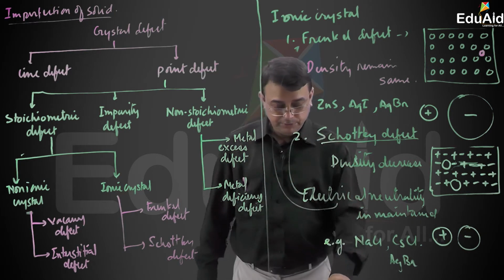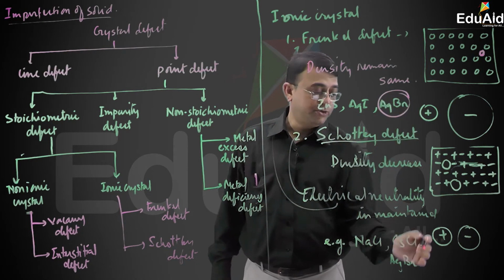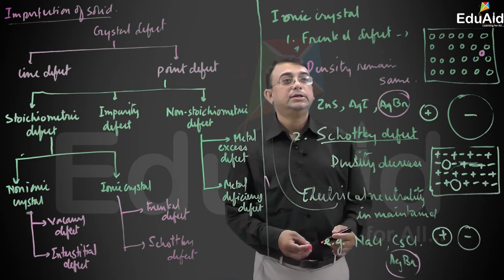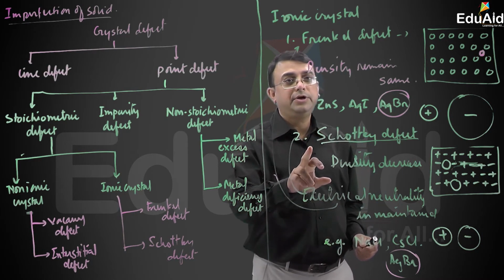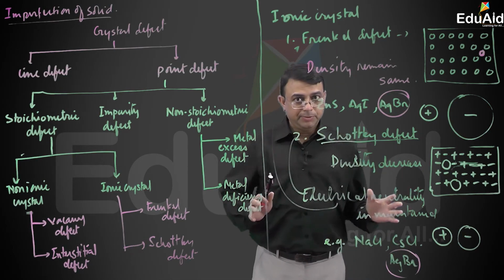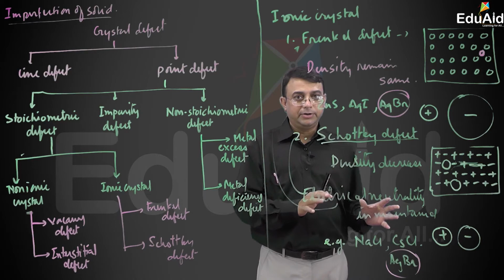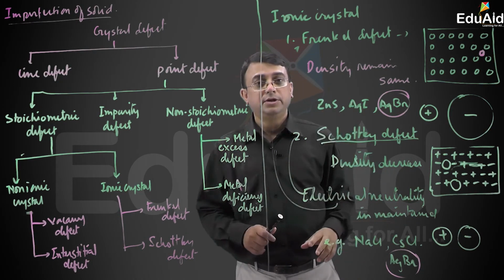Now there is an interesting point here. You have seen that in both these cases silver bromide is common. In both cases silver bromide is the same. So whether it is Schottky defect or Frenkel defect, we have to examine it. So we understood Schottky defect and Frenkel defect. In Schottky defect the density decreases, in Frenkel defect the density does not change.